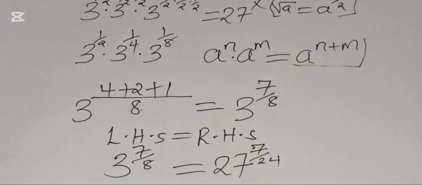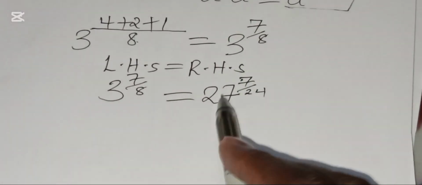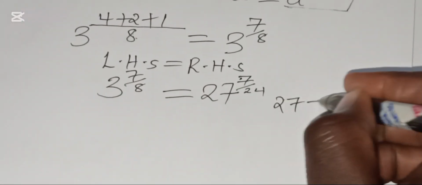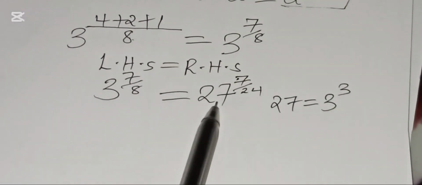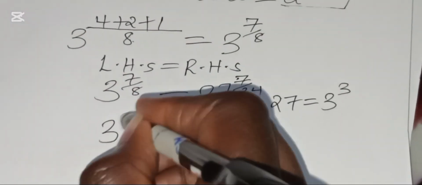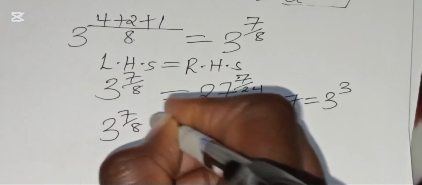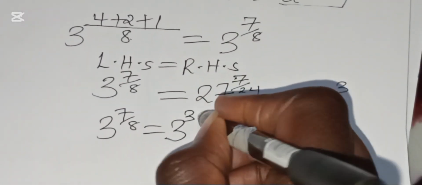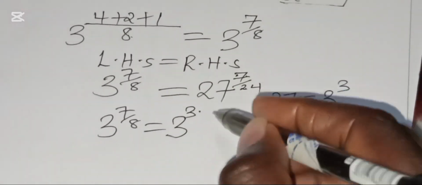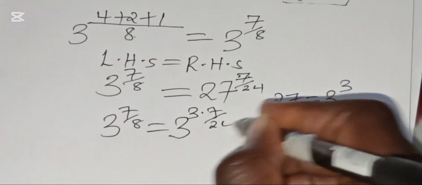Now as you can see, 27 can be expressed as 3 raised to power 3. So let's substitute the value of 27. So 3 raised to power 7 over 8 is equal to 3 raised to power 3 multiplying by 7 over 24.